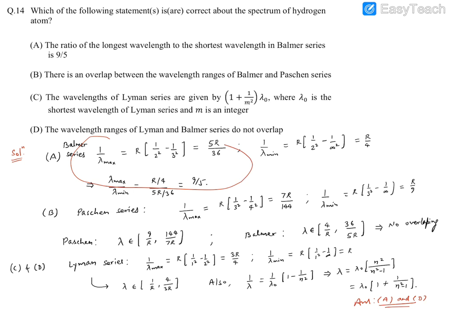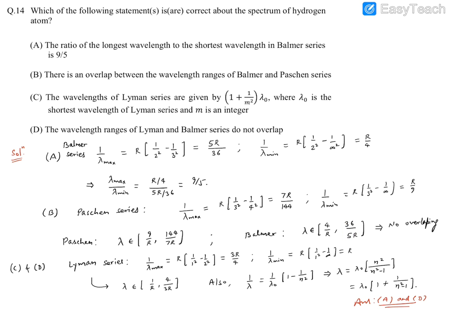For the Balmer series we have these extreme wavelengths, so the range can also be stated. That range is going to be 4 by R to 36 upon 5R. Now you see this range. Capital R is everywhere, so the Paschen series starts from 9 by R and goes up to this, whereas the Balmer series goes from 4 by R to 36 by 5R.